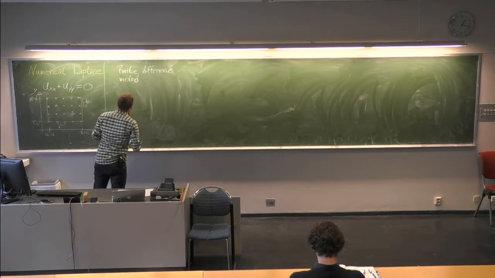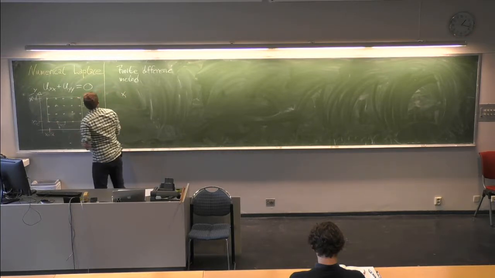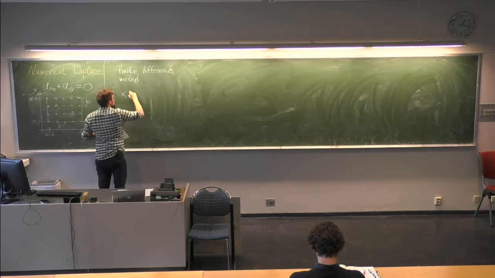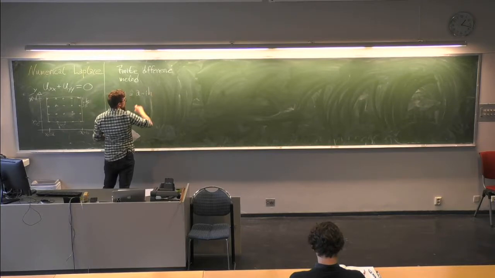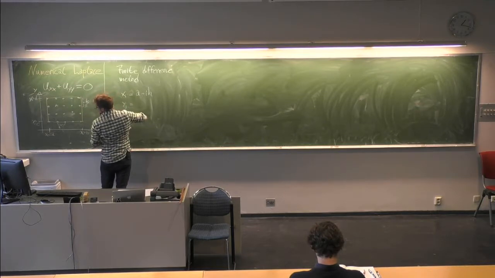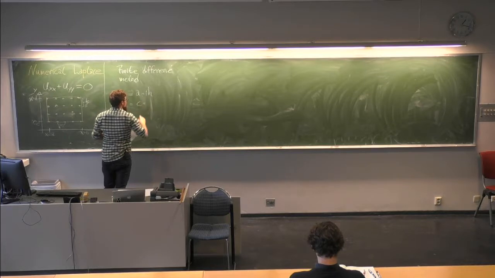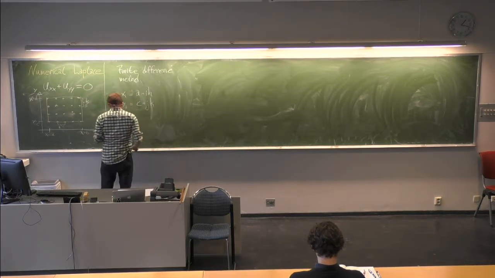So each of these nodes xi is a start plus a number times h, which is the distance between nodes, and yj equals c plus j times k.